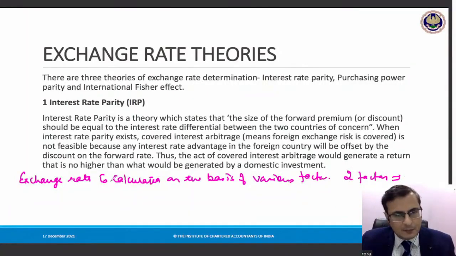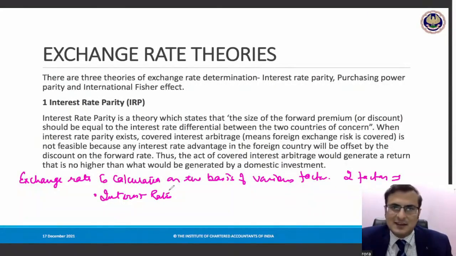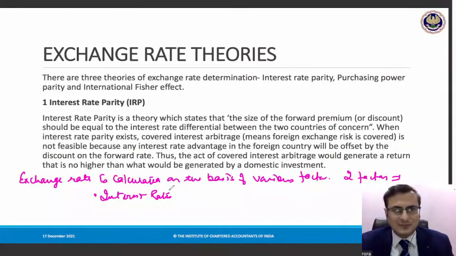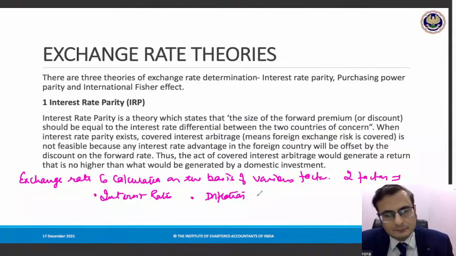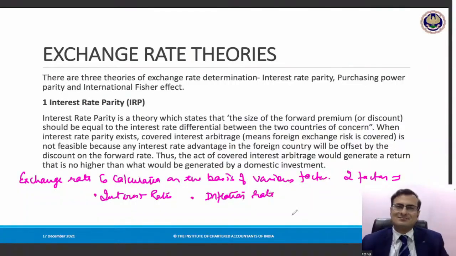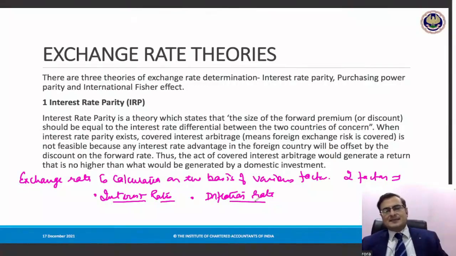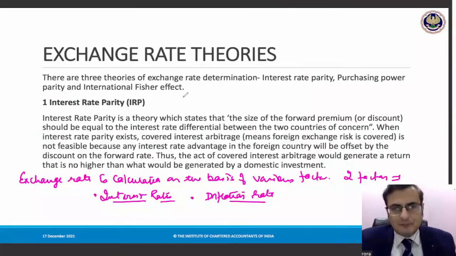Which ones? Number one, interest rates. Sir, what is the interest rate? I'll tell you that. Second is the inflation rate. Getting my point? There are always two interest rates. Which ones? I'll tell you.